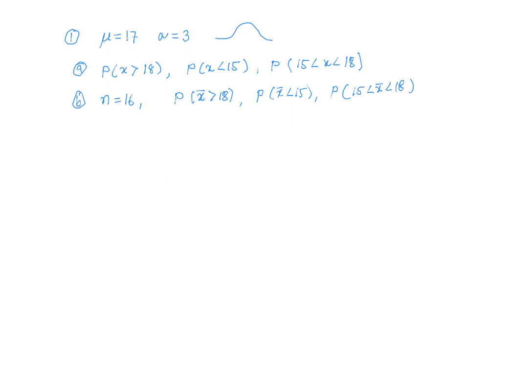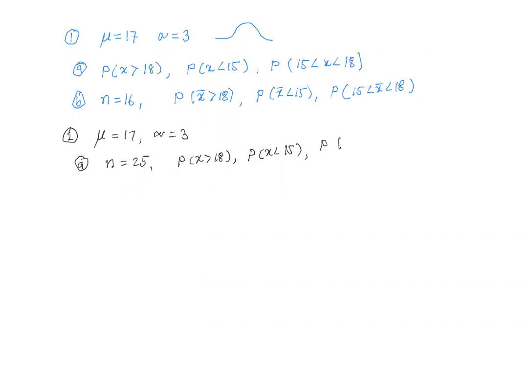Then number two, again, the same thing. Mu is equal to 17. Sigma is equal to 3. But this time, I don't tell you whether it's bell-shaped. Let's assume that we don't know the distribution. So now part A, consider sample size n equal to 25. Answer these questions. Probability of x bar greater than 18. Probability of x bar less than 15.